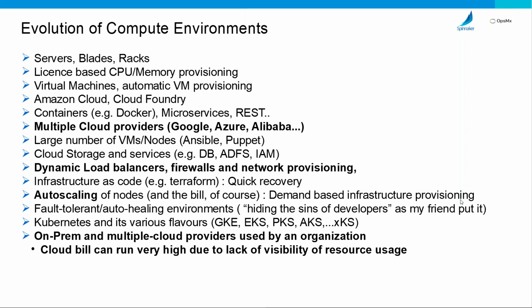During this time, when cloud came in, things have changed in terms of deployment targets, and a lot of other things have changed. Let's take a quick look at how things have evolved over time in terms of computing environments. Before, there were servers, then there were blades and racks.